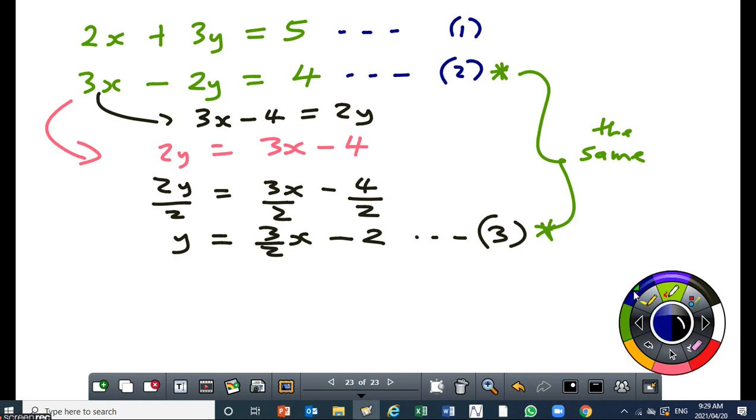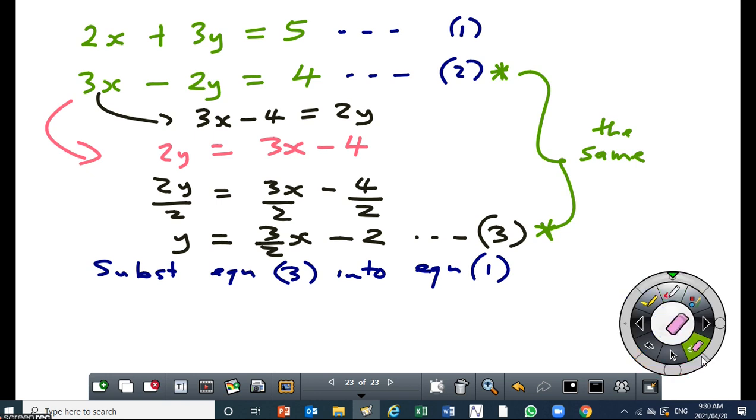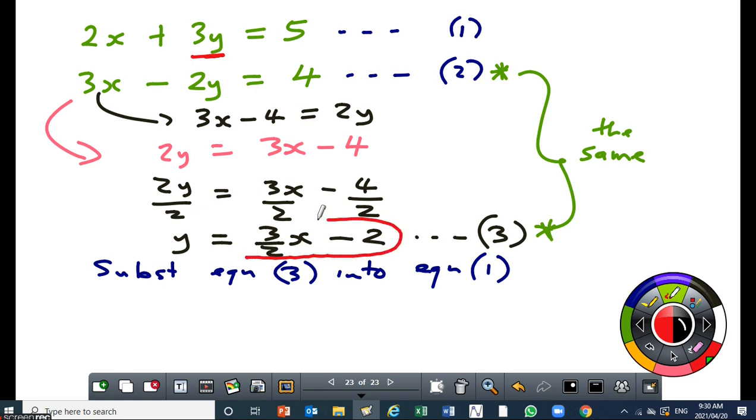So, substituting equation 3 into equation 1. I'm substituting equation 3 into equation 1. So, where there is y in equation 1, I'm going to substitute the right-hand side of that equation.